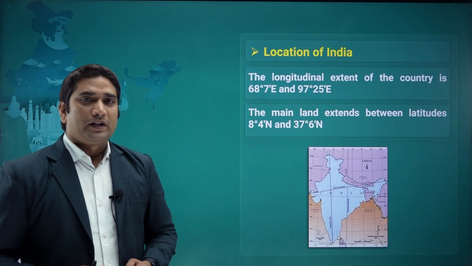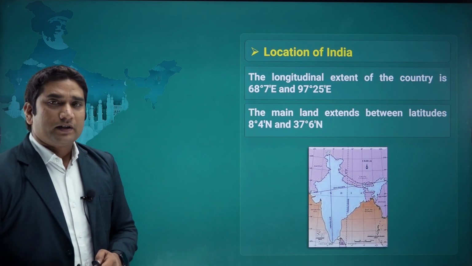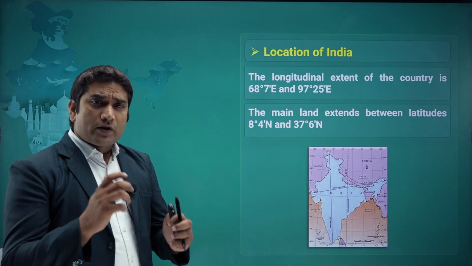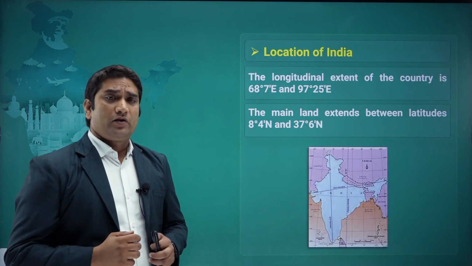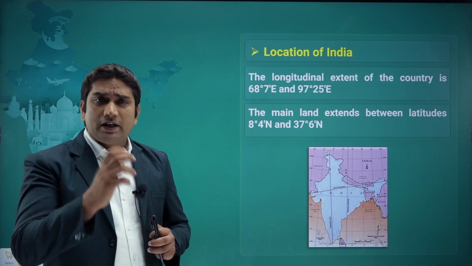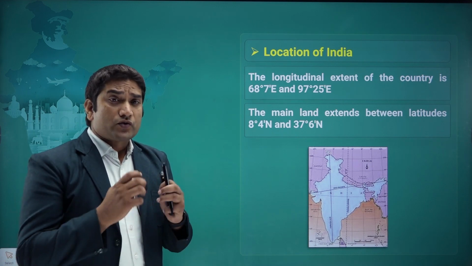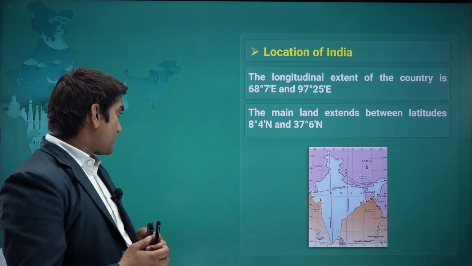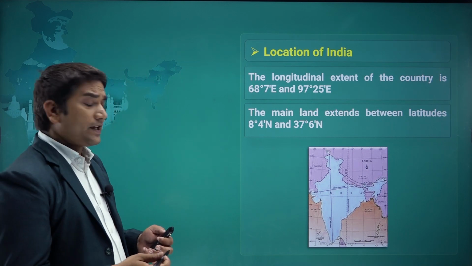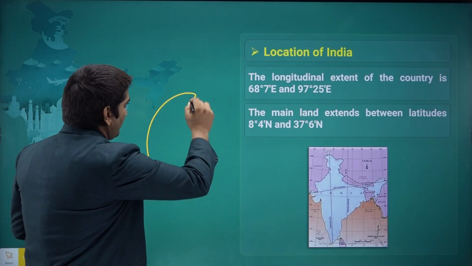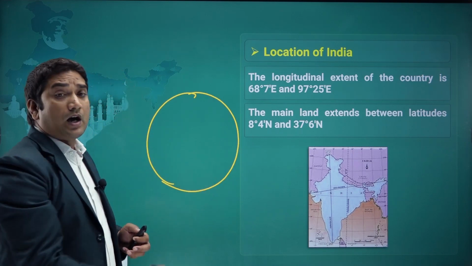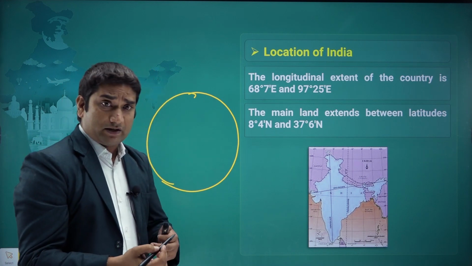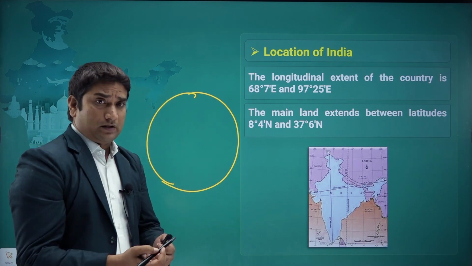The next point from this chapter is the location of India. To find out the location of any region or country, we must understand latitudes and longitudes. So students, what is latitude, or how do we define latitudes? Latitudes are imaginary lines which we have drawn on the earth, right?